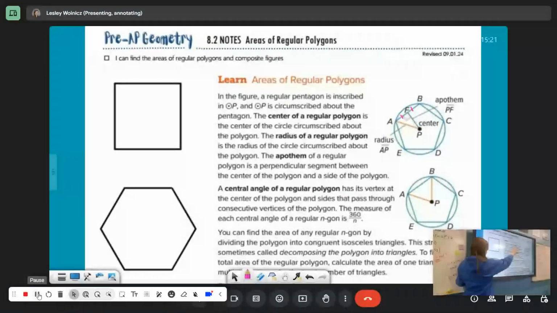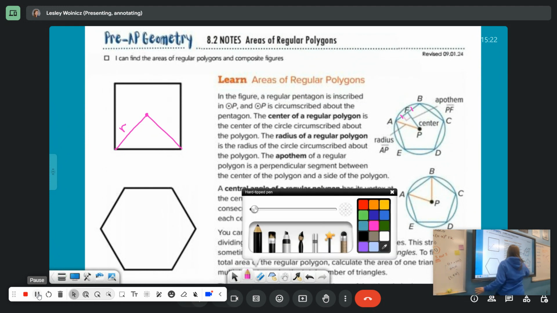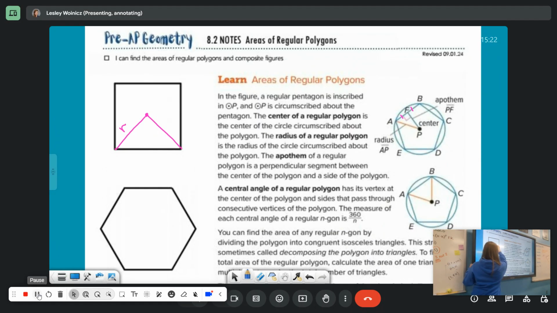So that picture got a little bit messy. Let's draw our own. So here I have a regular four-sided figure, also known as a square. So this is a radius. Okay, if I drop a perpendicular from the center to the side, I'm bisecting the side.